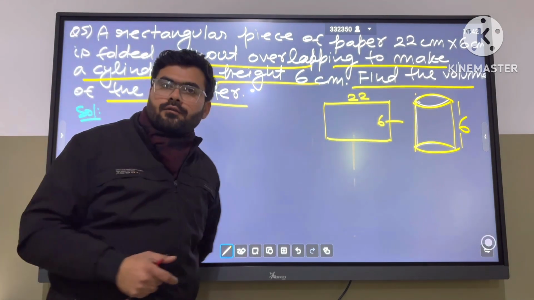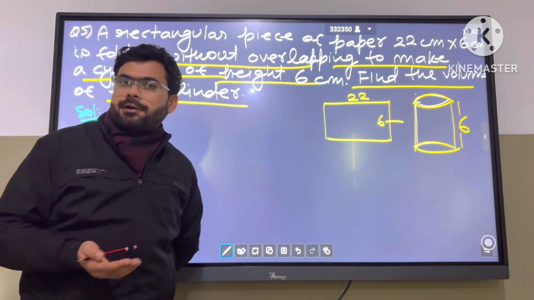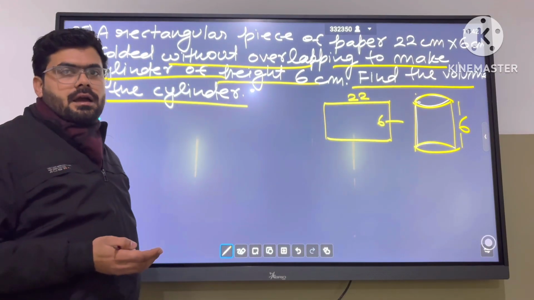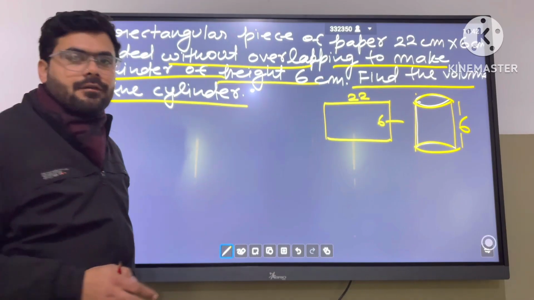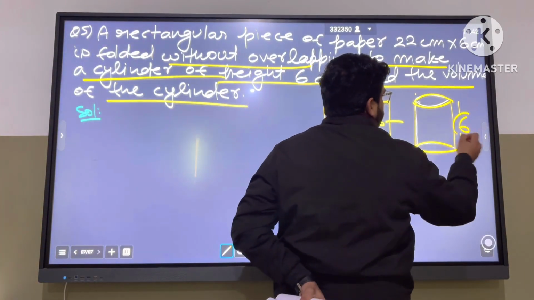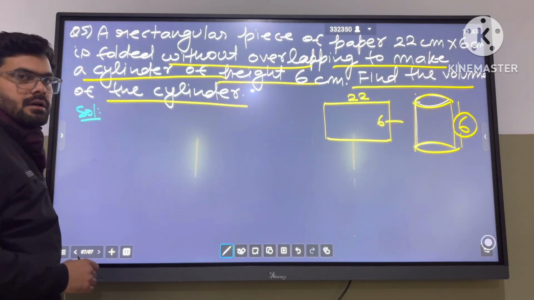What is the formula for the volume of the cylinder? Pi r square h. So value of pi is 22 by 7, and the value of r is not given, and the value of h is 6 centimeter because the height of the cylinder is 6 centimeter.